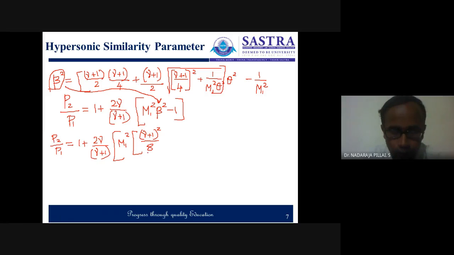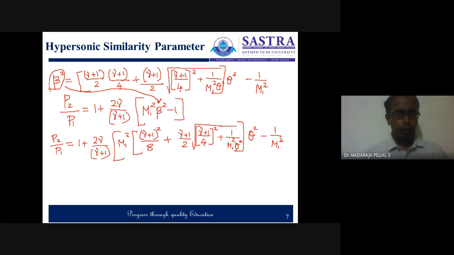So I will write 8, plus gamma plus 1 by 2 into the root of gamma plus 1 by 4 square plus 1 by m1 square theta square into theta square, then this becomes minus 1 by m1 square.